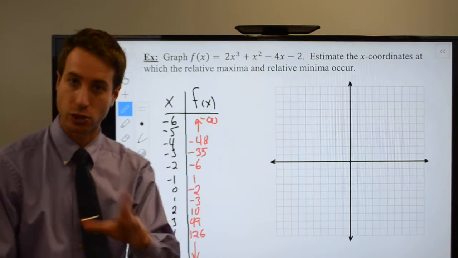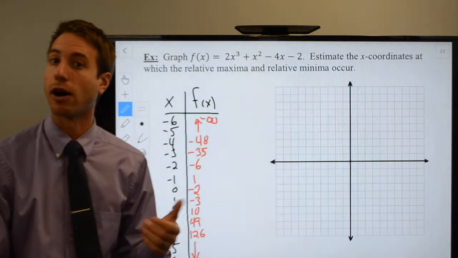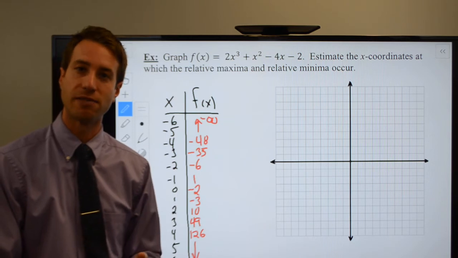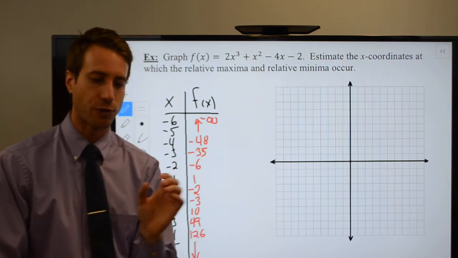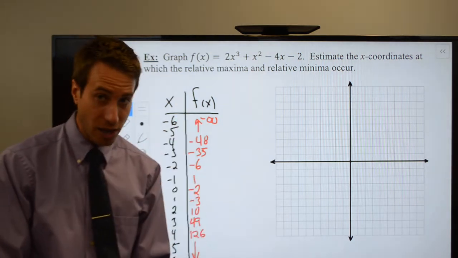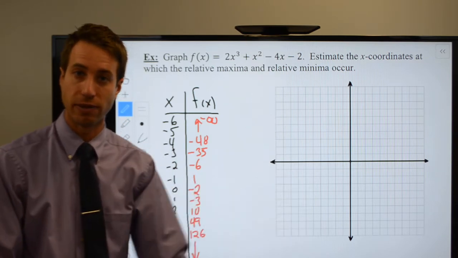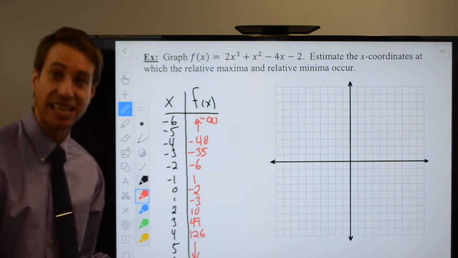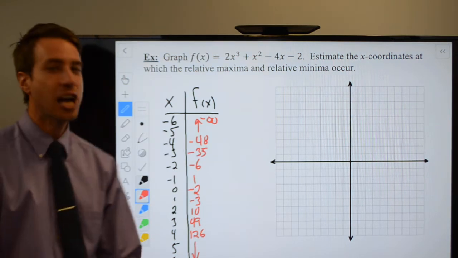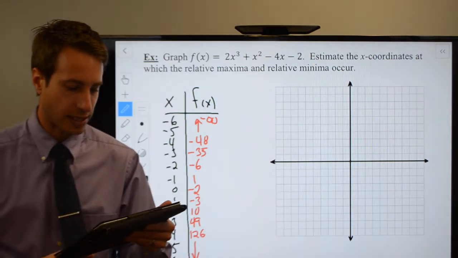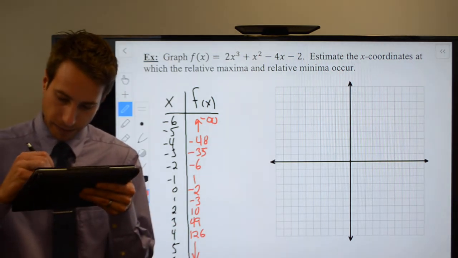Those are opposite directions, which is exactly what it should be. It's an odd degree polynomial. The leading coefficient is a 2. That's a positive number. Well, remember the way it worked. If you're odd with a positive leading coefficient, the right-hand side will go to positive infinity, which is exactly what my table is telling me. So I feel pretty confident here that I've got this set up right. Let's go ahead and plot these points and see what this sucker looks like.